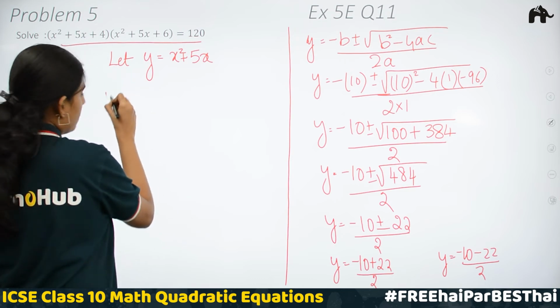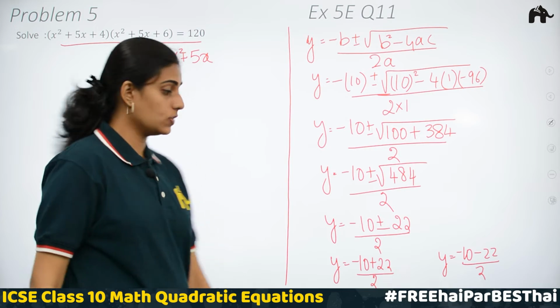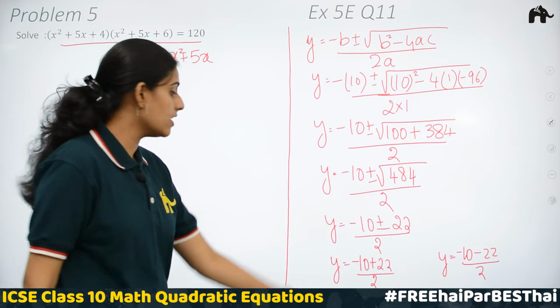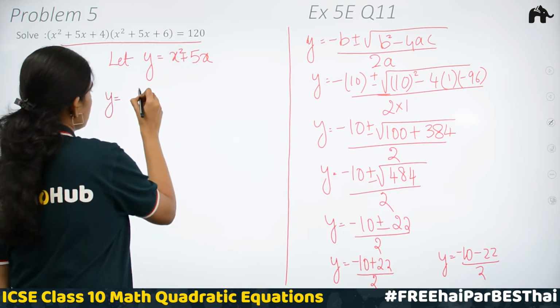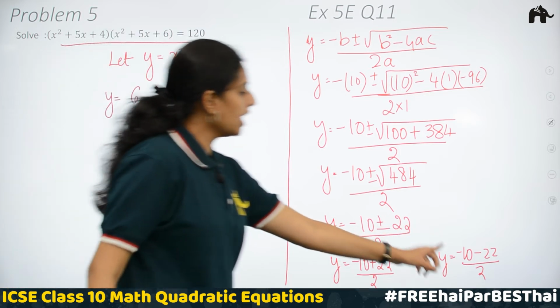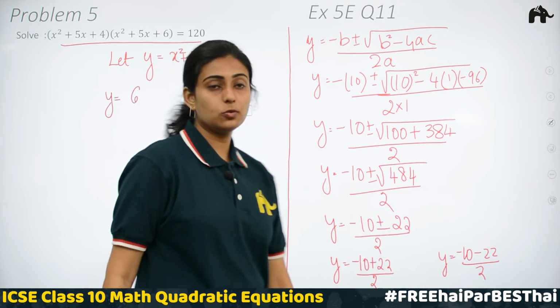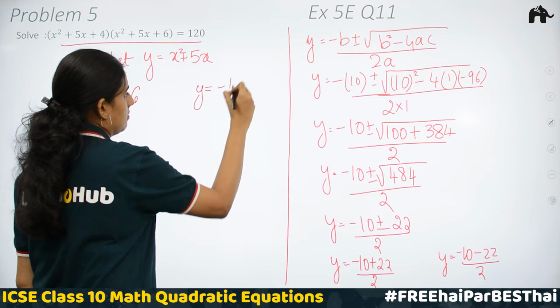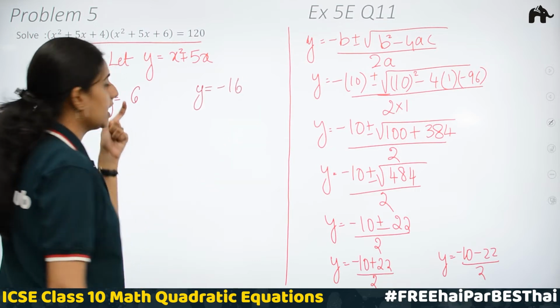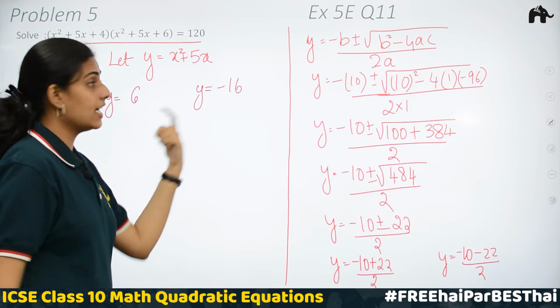That is, y = (−10 + 22) is plus 12, divided by 2 is 6, or y = (−10 − 22) is −32, and −32 divided by 2 is −16. Got it? We got the values of y. y is either equal to 6 or y is equal to −16.